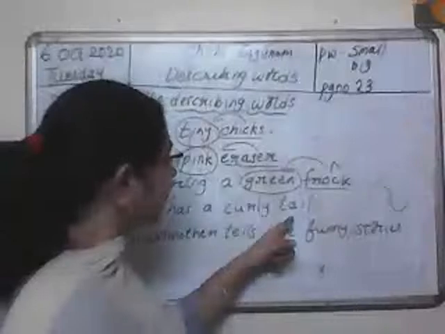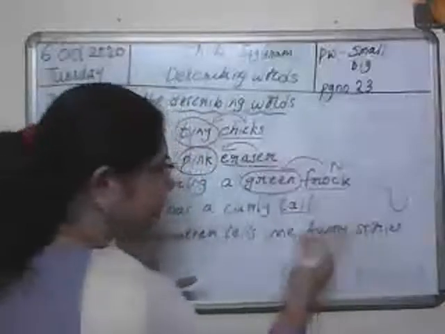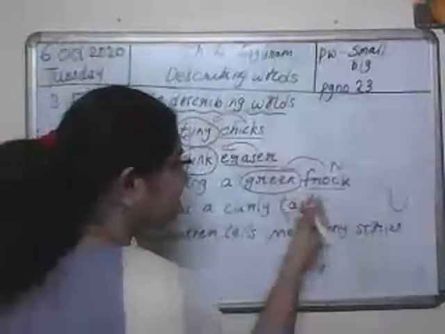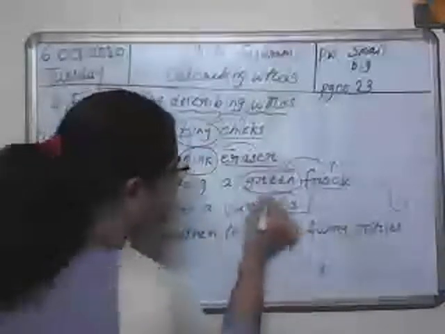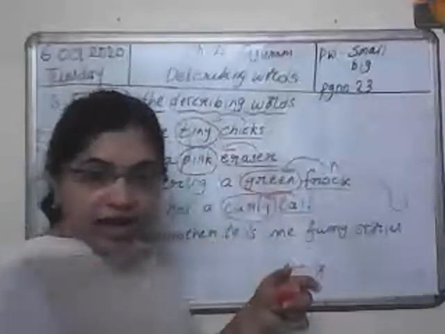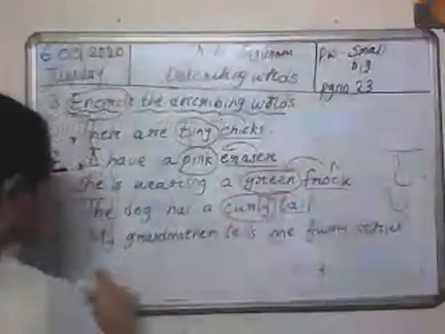A dog has a tail. So tail is a naming word, a noun. And how is the tail? Tail has been described as curly here. It is not straight. It is curly like this. So curly is a describing word.